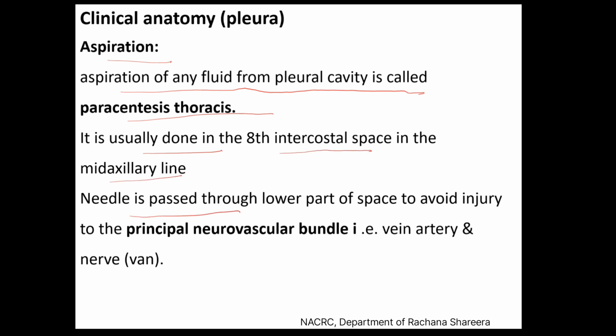The needle is passed through the lower part of the space to avoid injury to the principal neurovascular bundle found in the rib groove, where the vein, artery and nerve are found in a bundle. To avoid damaging this, the needle is passed through the lower part.